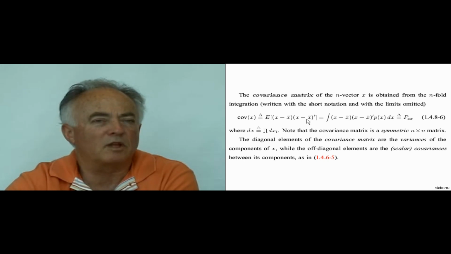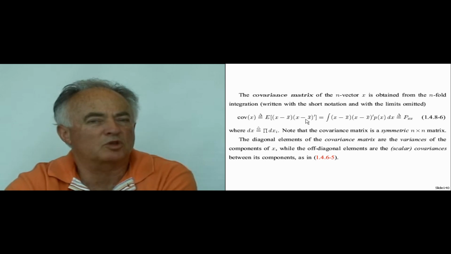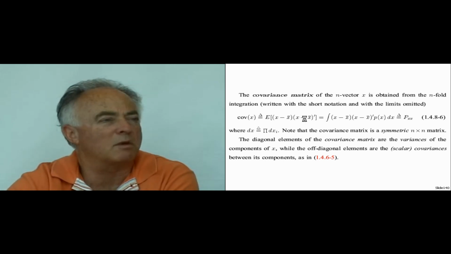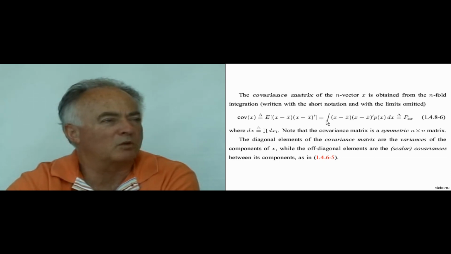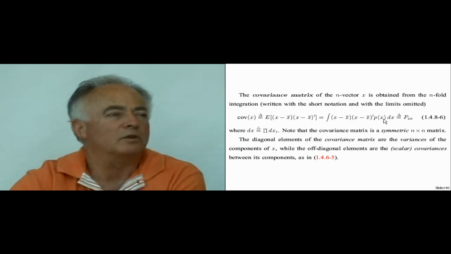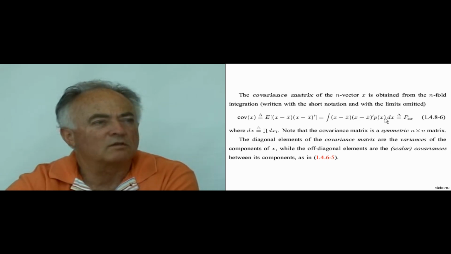A column times a row gives us a matrix, and it will be a square matrix because they have the same dimension. So the integral, really an n-fold but represented by one, of x minus x bar times x minus x bar transpose, p(x) dx.